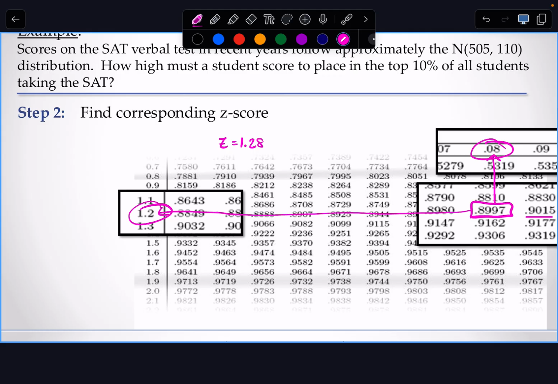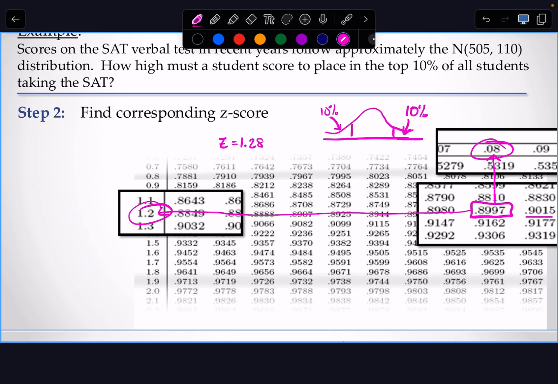If I'm thinking about the perfect symmetry of this normal distribution, and I'm looking for a cutoff spot up here that gives me the top 10%, then there has to be a corresponding value on the opposite side that would give me the same z-score, but for the bottom 10%.